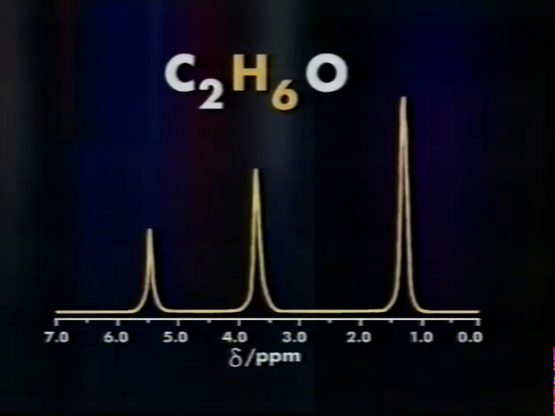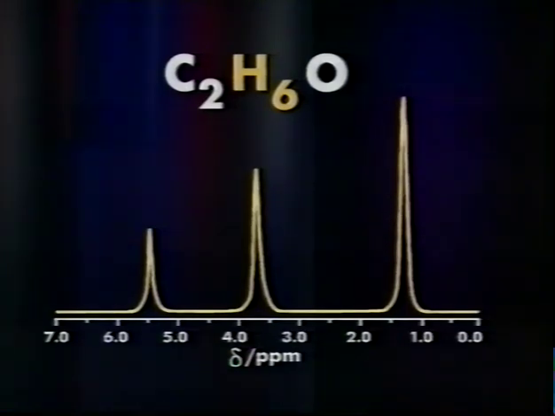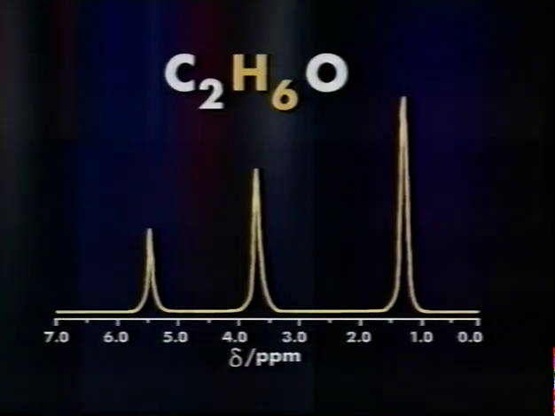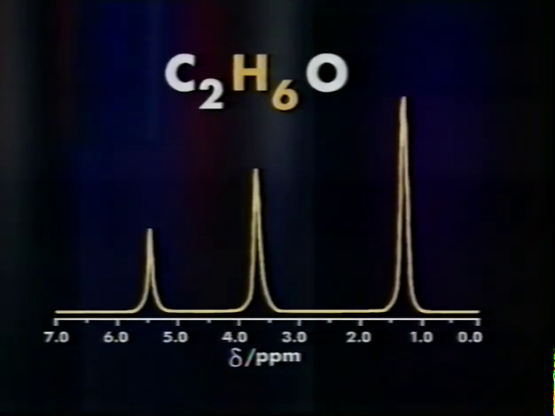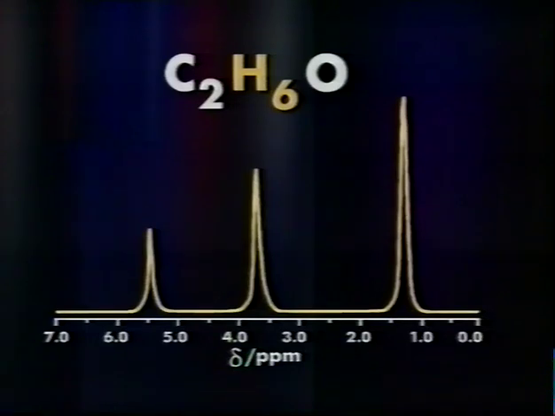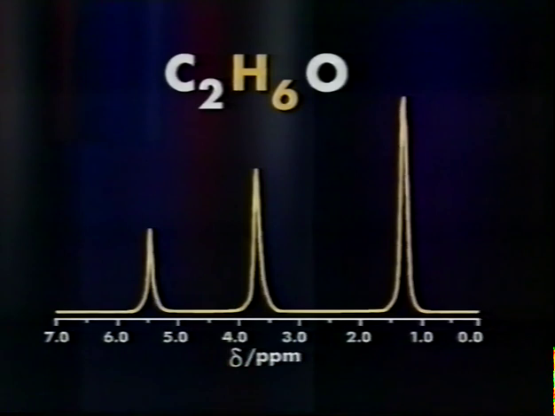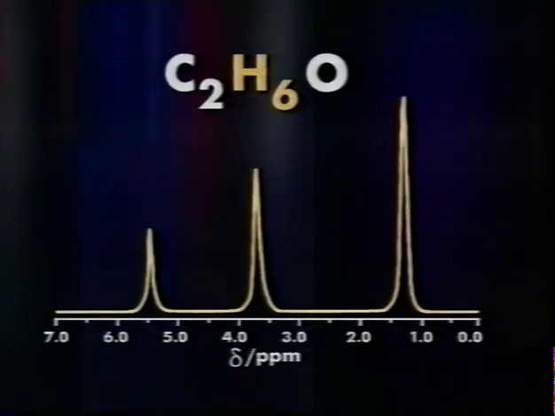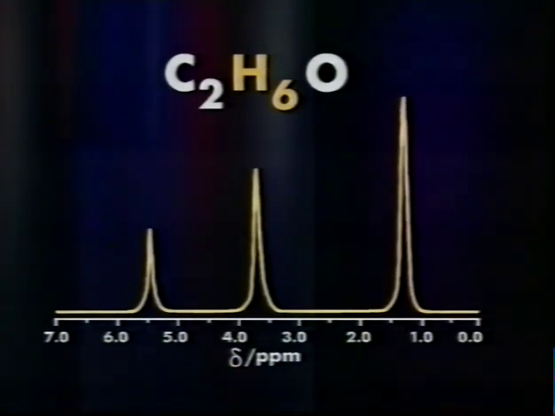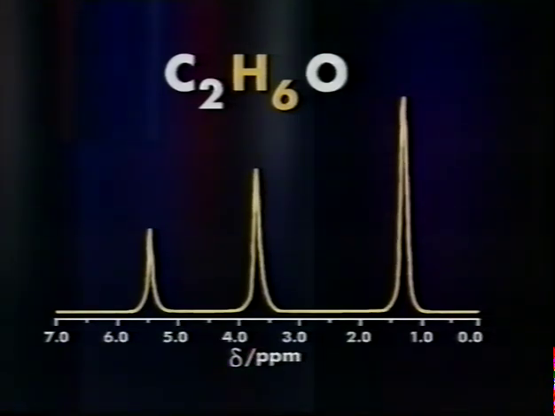But how many are in each? The peaks have different heights or different intensities, and by calculating the areas under each peak, known as integration, we can determine the relative number of protons each peak represents. The spectrometer performs the necessary calculations and presents the results as integration traces on the spectrum.